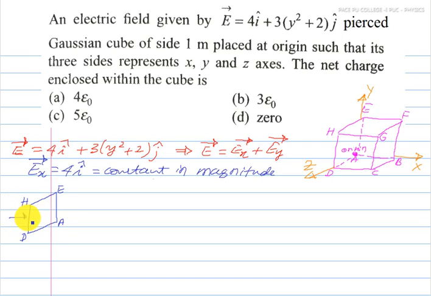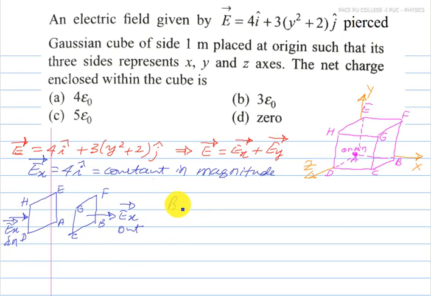So this is the horizontal electric field Ex, which is piercing these two sides, which are E, A, D, H and F, B, C, G. Ex is constant in magnitude, so this one is in and this one is out.